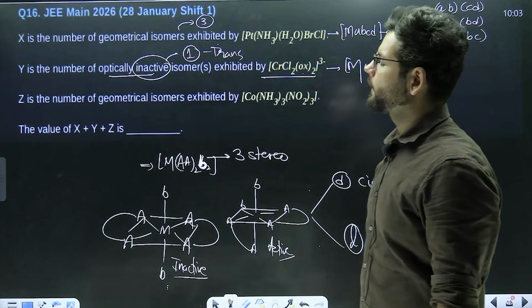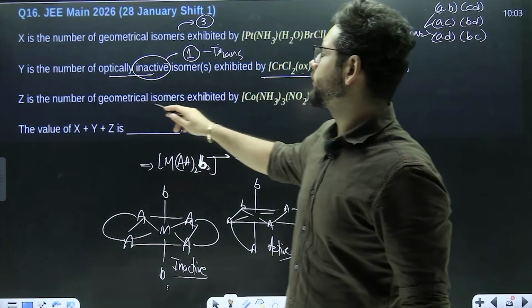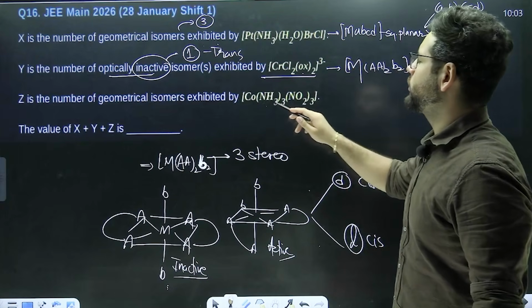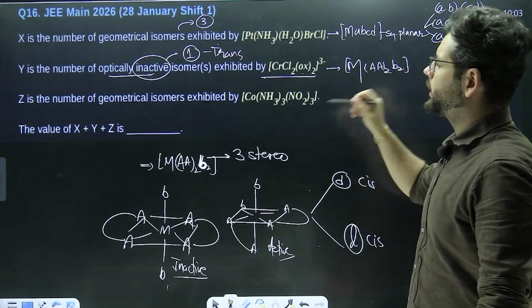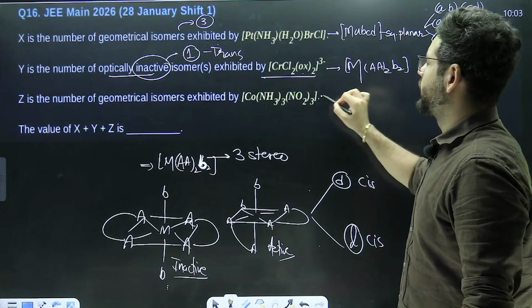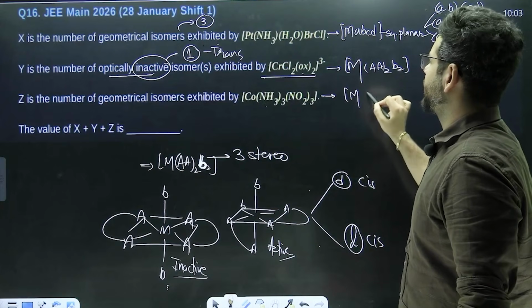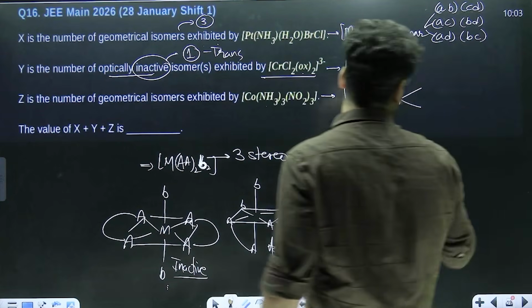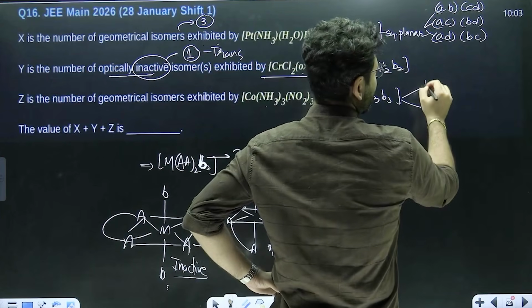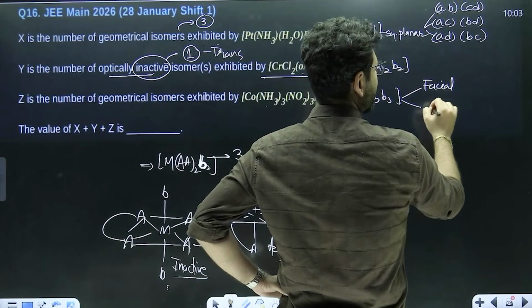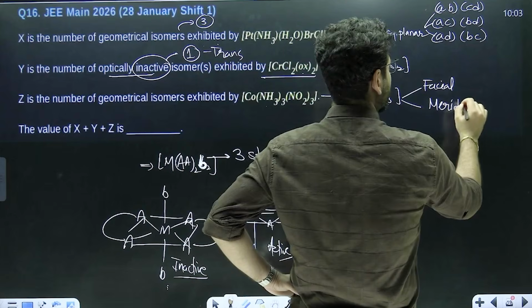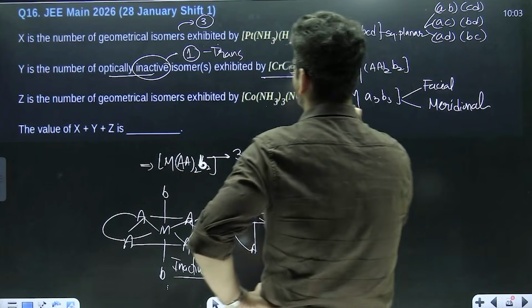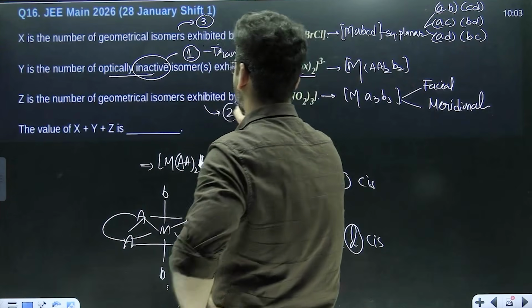Okay. Z is the number of GIs exhibited by Co ammonia 3 and nitrito 3. This is an A3B3 type of complex, and all of us know this shows two isomers. One will be facial and one will be meridional. If you are reading the NCERT well, you should know this complex by now.